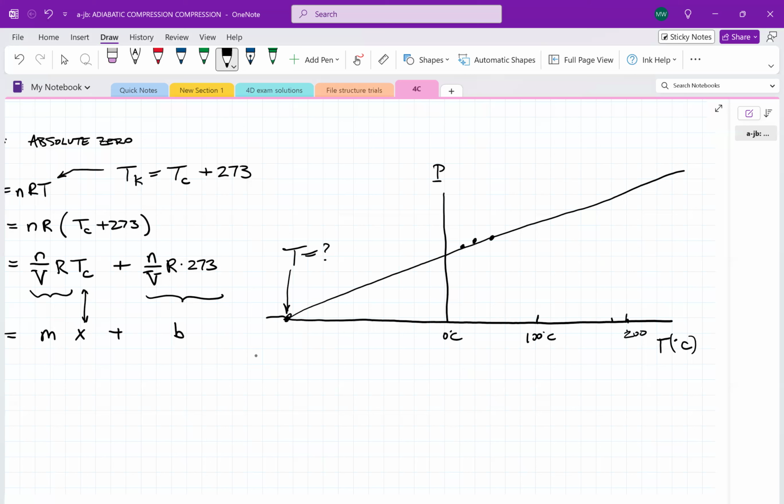The worst fit lines are ones that still take into account the data and try to model the data, but is not as good as the best fit line. So think about the worst fit line. What would be the worst fit line maybe on the high side? What would be the one with the highest slope? Maybe one that goes, let's just change color here.